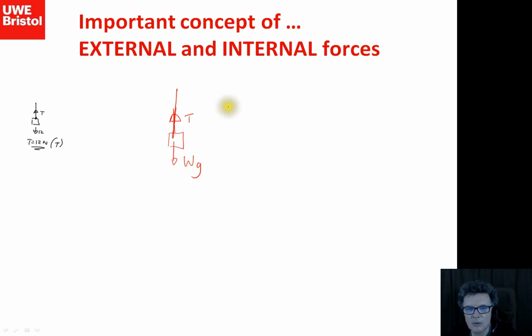So what's the weight? That's mg. What is the tension that's going to be in the string? Well, that's straightforward to solve, because you can see that the tension's going up, the weight force is going down, so we have tension equals mg. Okay.